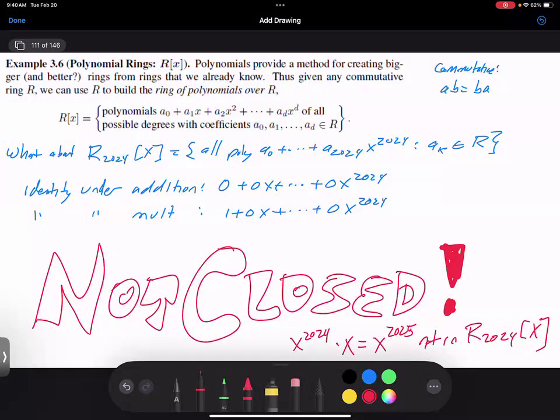If I have two polynomials with finite degree and I multiply them, that will still have finite degree, so it will be closed. But if I looked at all polynomials of degree at most 2024, that would not necessarily be closed. So again, it's very easy to miss a property. What you have to do is be very methodical and go through all possibilities.